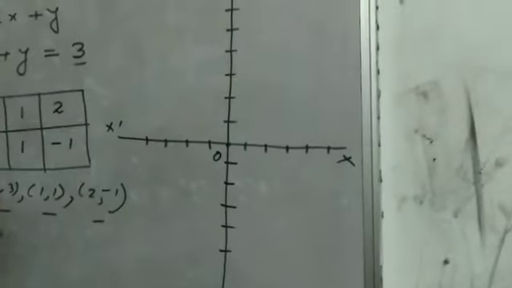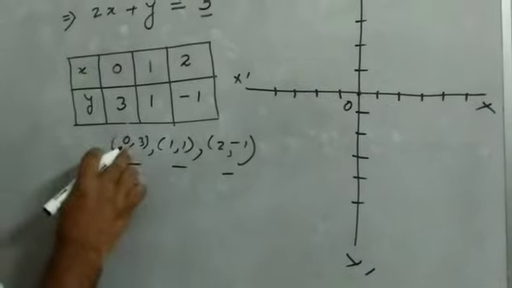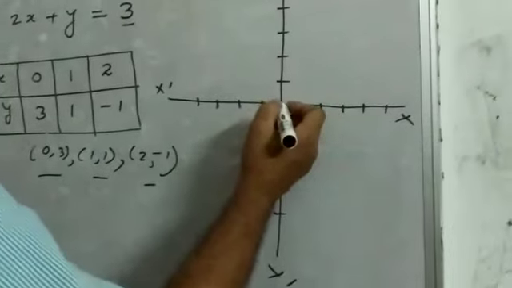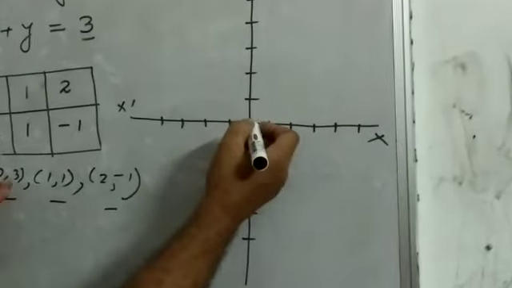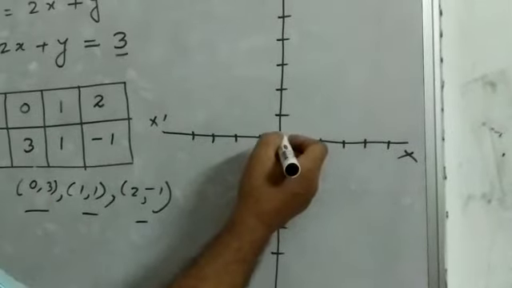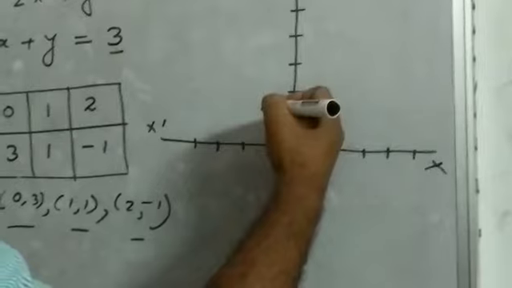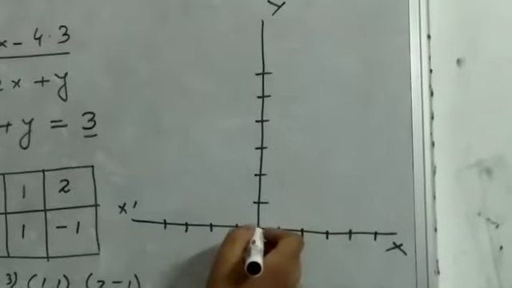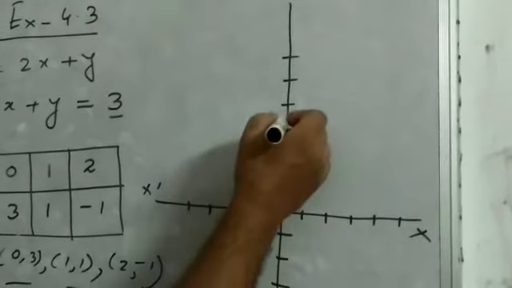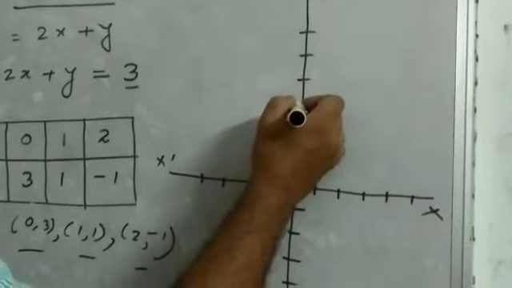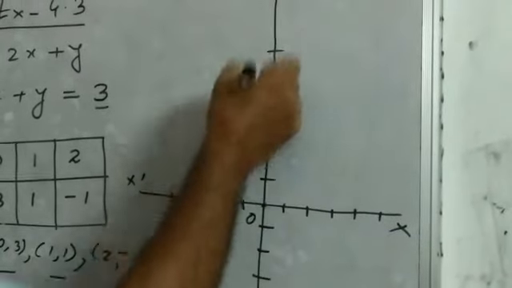Now plot the first point, x is 0. If x is 0, then at the center, y value is 3, and it is plus, so it will be above the x-axis. So x is 0, then y is 3: 1, 2, 3. So this is the point, and you see it lies on the y-axis.